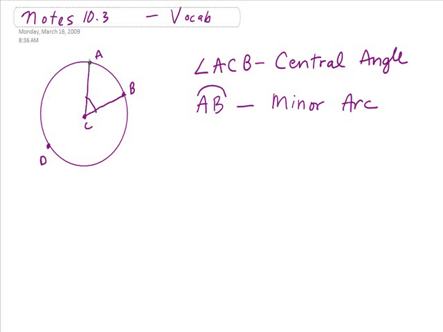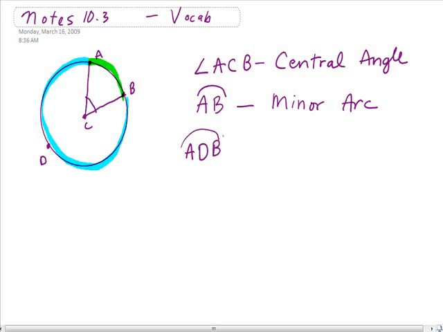So if I have this one as arc AB, I need to be able to go the other way around the circle and call that arc ADB. I had to have that other point on the circle so I knew that I was talking about that part of it. And we call that the major arc.